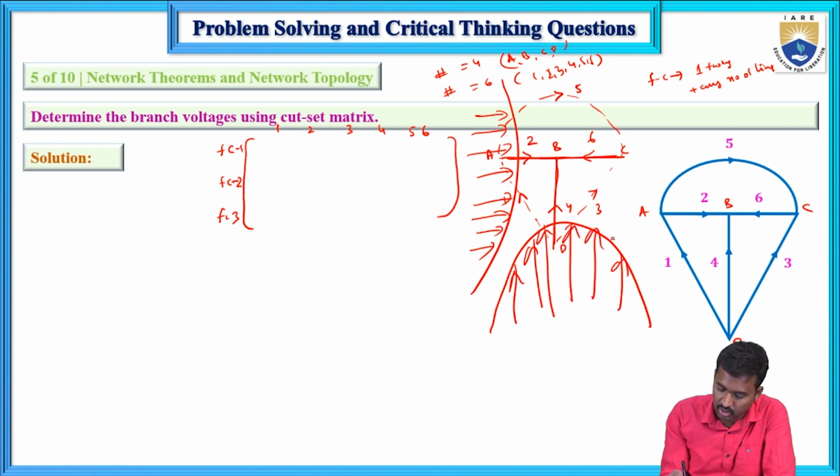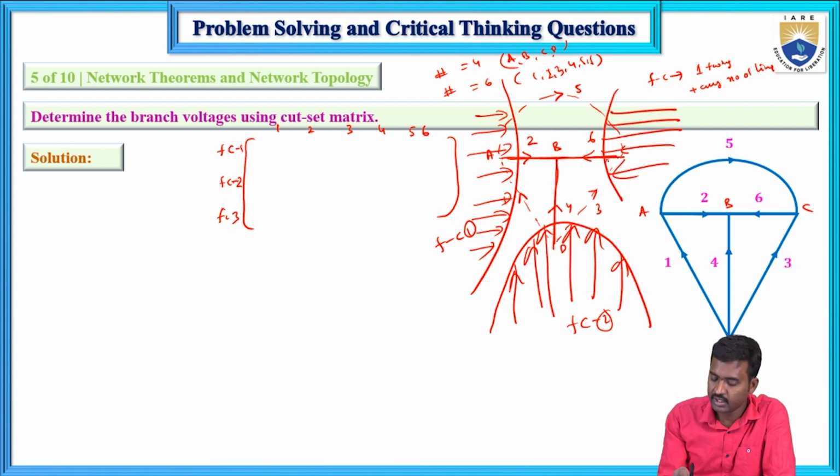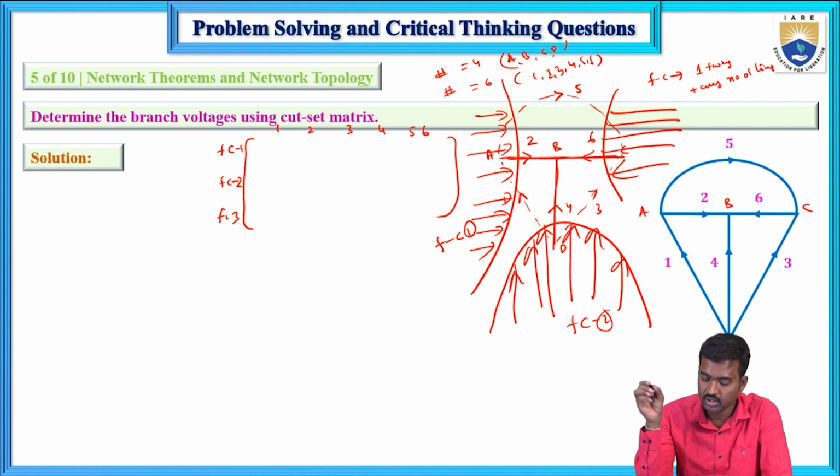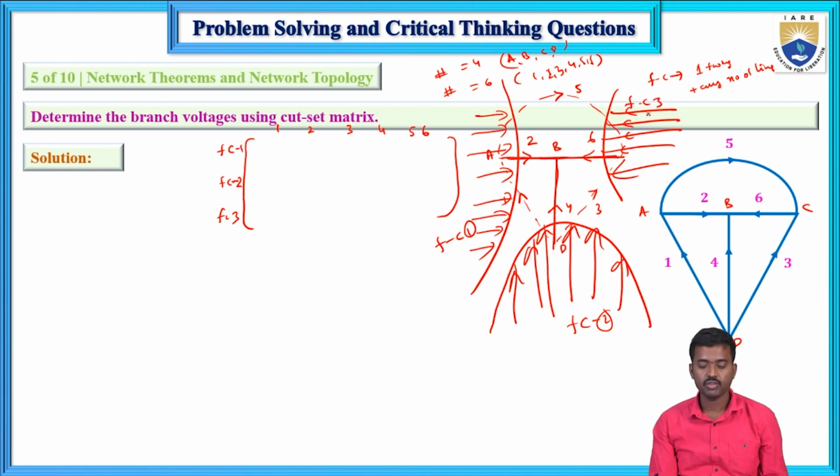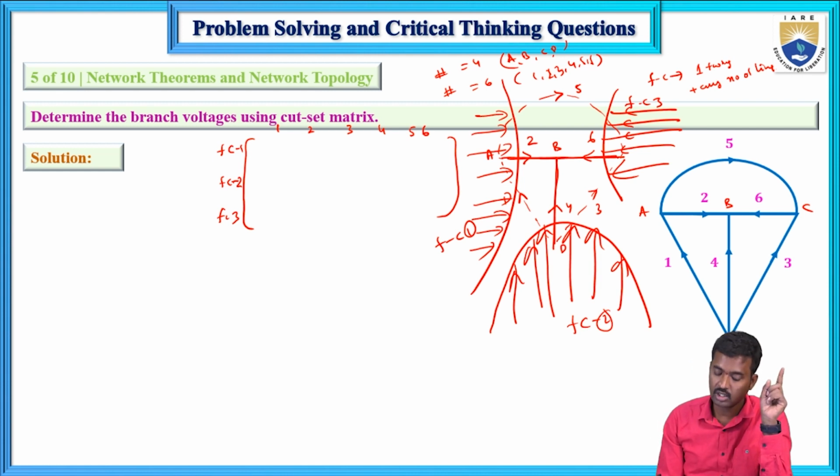This is twig 4, and this is F-cut set 3. All are entering. If this direction is outwards, then you can take the outwards direction for F-cut set 3.